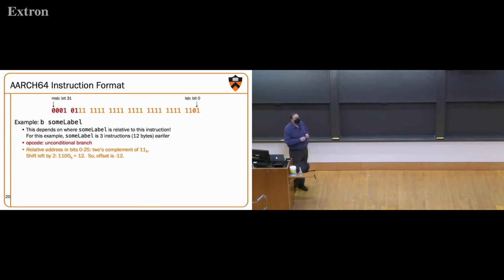So let's look at the most basic flavor of branch. It's just the B branch, unconditional branch instruction. Let's try to interpret what this instruction means. Well, those first 6 bits are the opcode, unconditional branch.